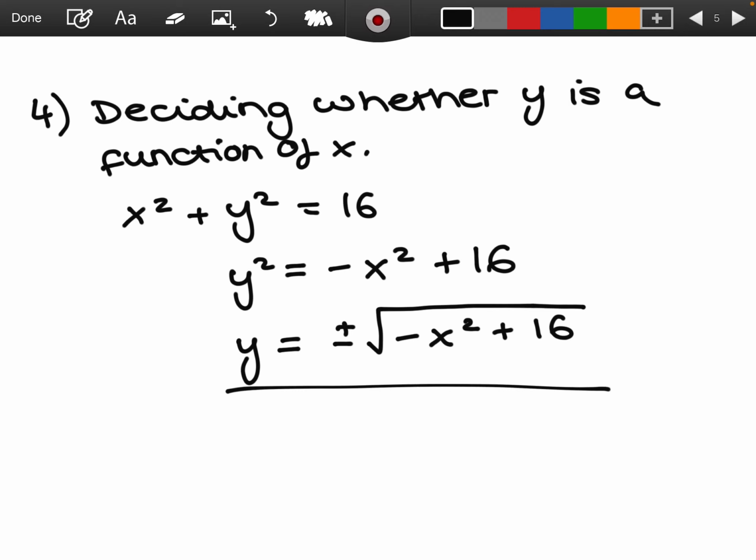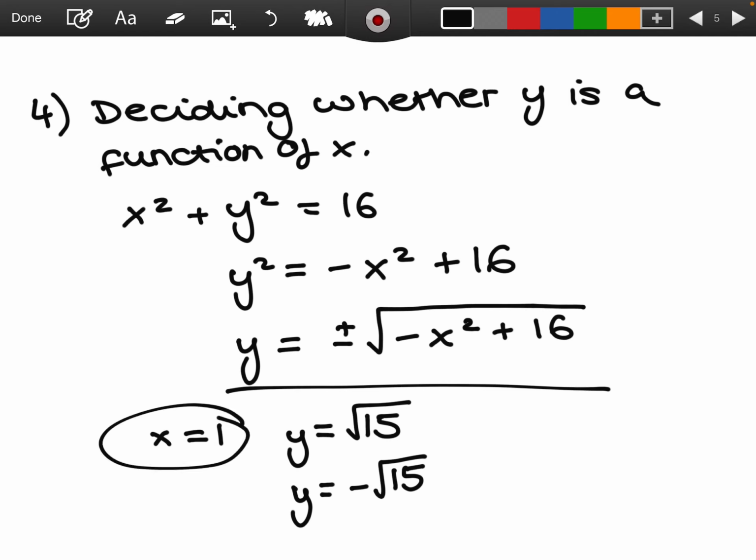For any given x value, so let's say I were to take x is equal to 1, I have two different y values. If x equals 1, I could have y is equal to positive the square root of 15, and I also have y is equal to negative the square root of 15.